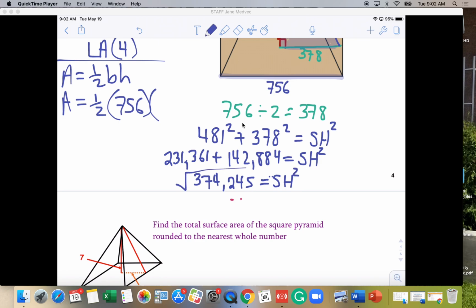And then we're going to square root both sides. So the slant height is 611.76. What we're going to do then is take this slant height and put it as the height of my figure. So that's 611.76.